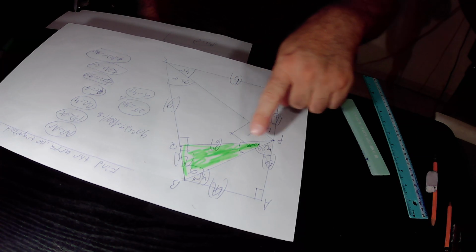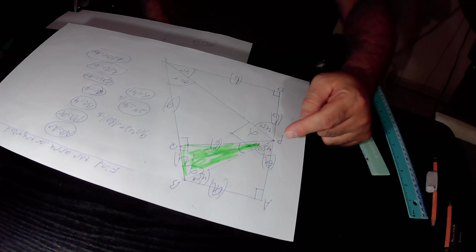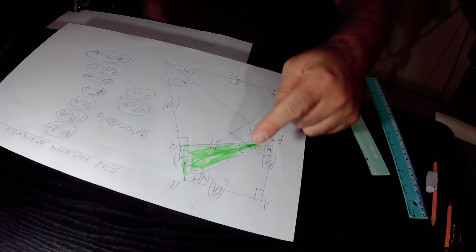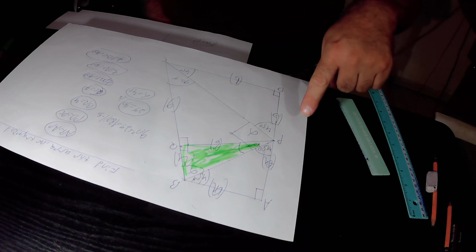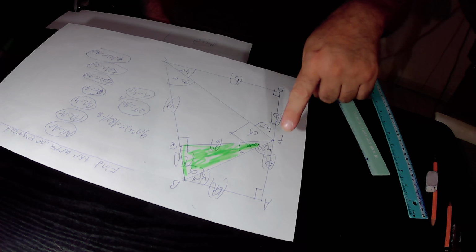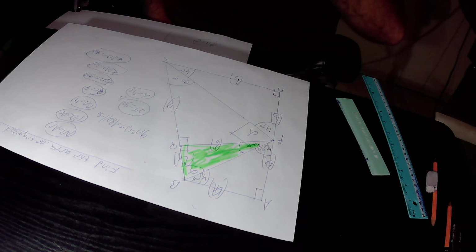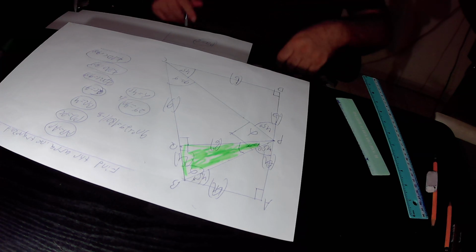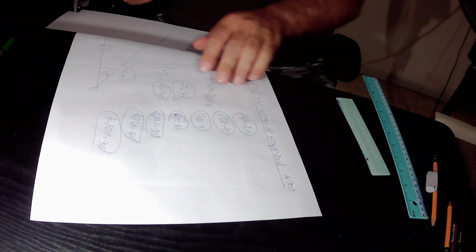So what is the value of BP square? If we focus on the right small triangle APB, according to the Pythagoras theorem, BP square equals A square plus A square. A square plus A square is 2A square. So BP square equals 2A square, plus PC square.